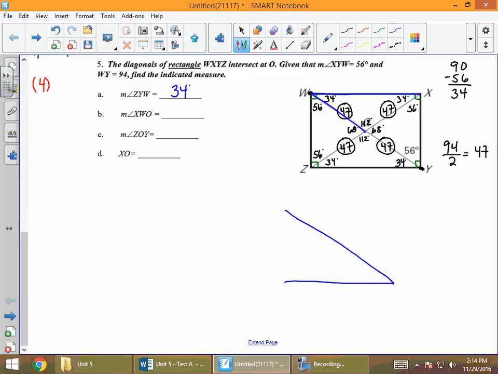That angle is also 34 degrees. Okay, next one is ZOY. Inside, that is 112 degrees. And the segment from X to O is 47 units long.